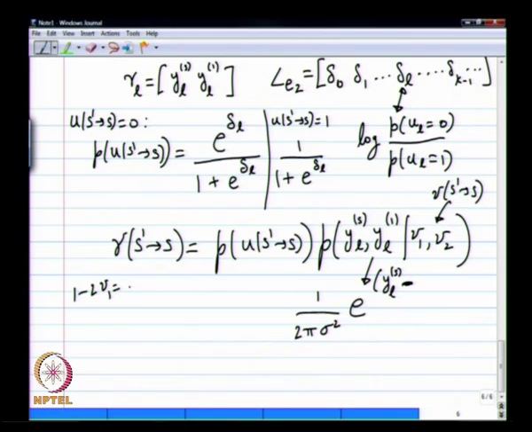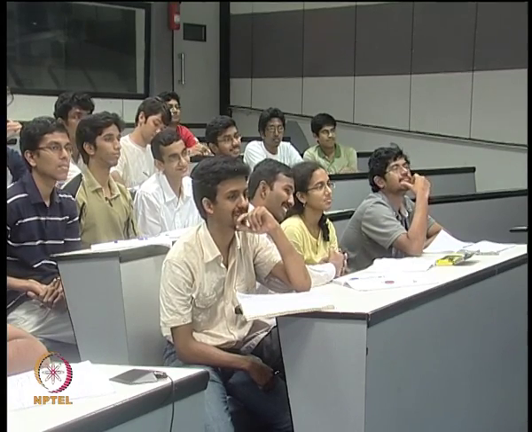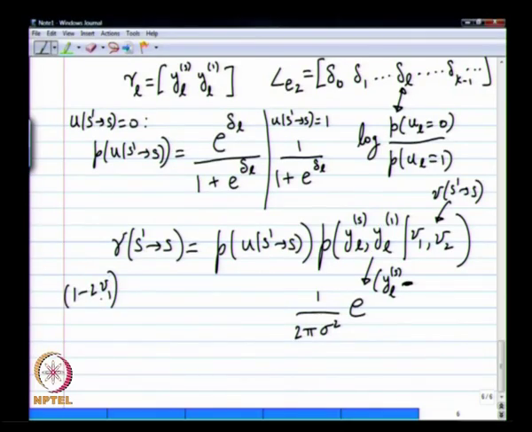There is also another way to write this. You can also write it as minus 1 power V1. All these things don't matter. I'm just trying to think of a very easy notation for this. Any ideas? We can assume V1 V2 as minus 1 plus 1. It's too many, so maybe let me just keep it as 1 minus 2 V1.